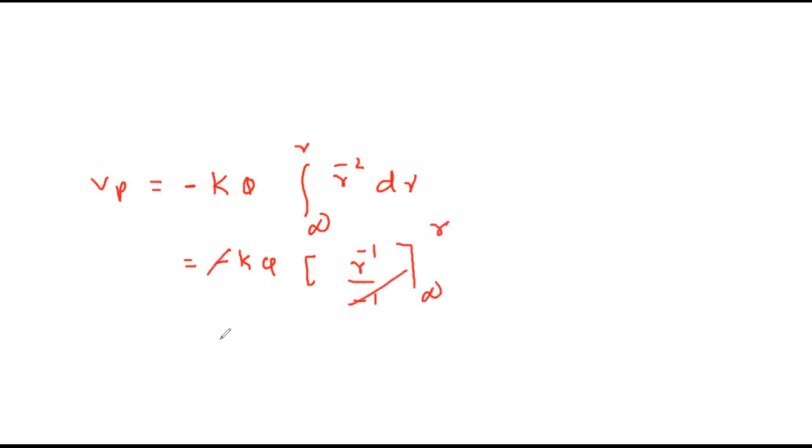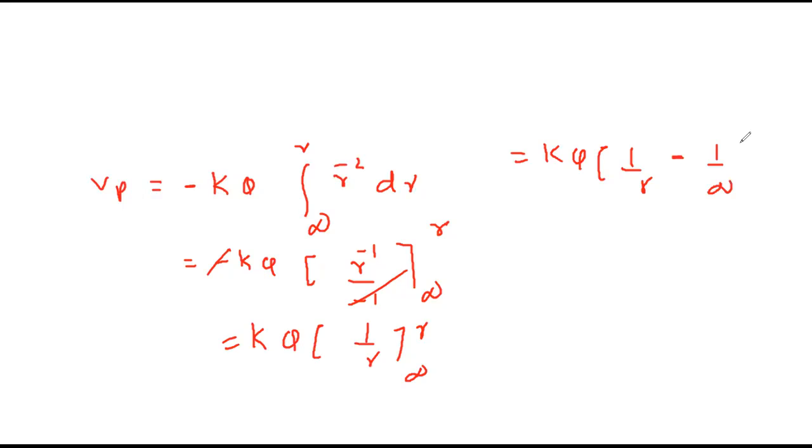This will cancel. So it is kQ into 1 by r from infinity to r, that is kQ into 1 by r minus 1 upon infinity, equals kQ by r.